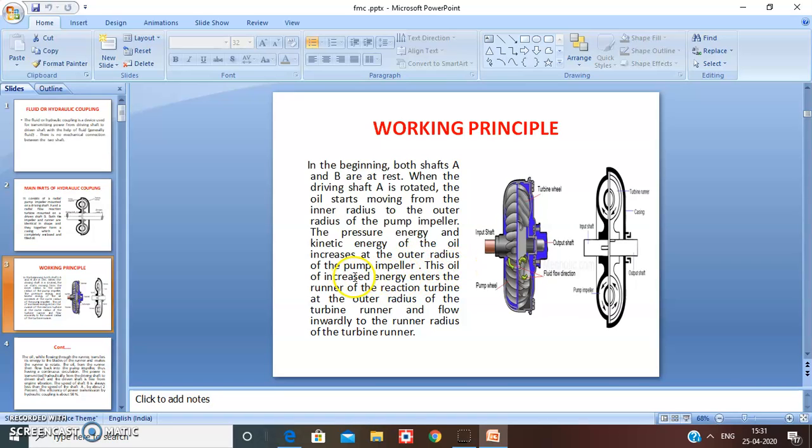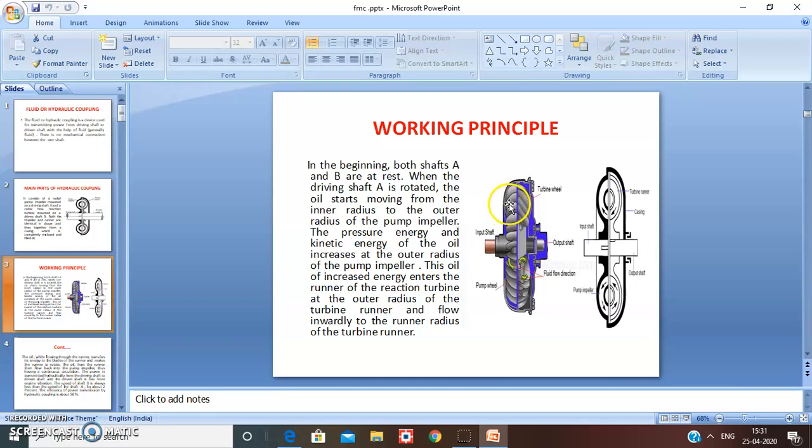This oil of increased energy enters the runner of the reaction turbine at the outer radius of the turbine runner and flows inwardly to the inner radius of the turbine runner. It means this is your impeller and this is your turbine. The blades are backward type blades.